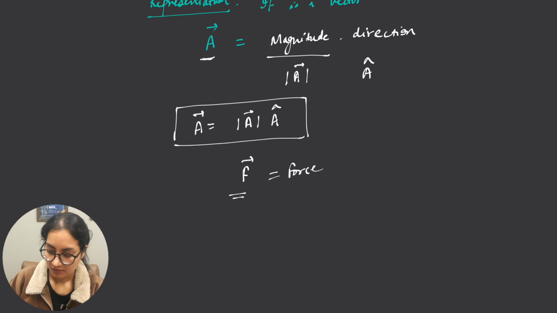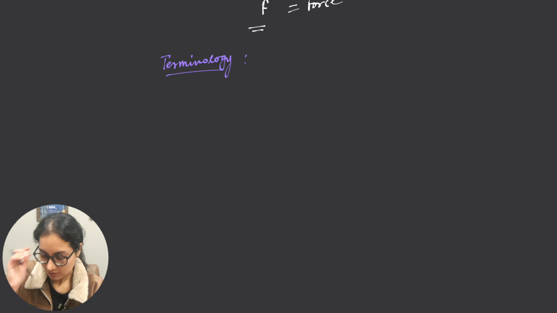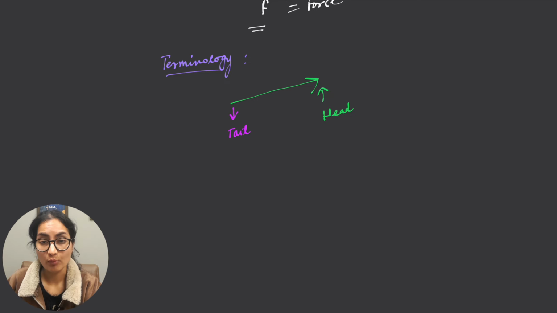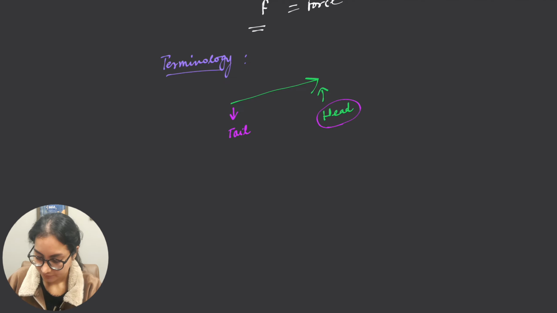Now let's learn about some terminology related to vectors. So if I say this is my vector, the arrow side of the vector is called the head of the vector, and the side which doesn't have an arrow is called the tail of the vector. So a vector has two parts basically, head and tail.